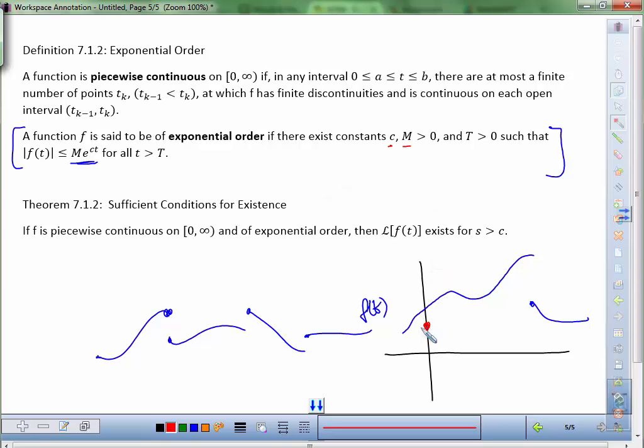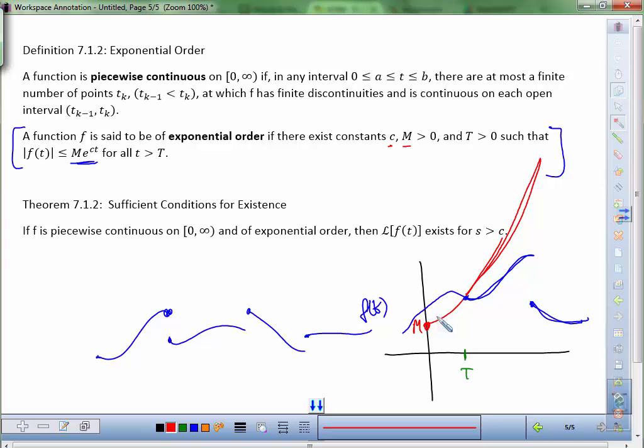So let's say m was here, and c just tells you how steep this is supposed to be. So that after a certain point, capital T, the function that you're dealing with is going to be less than that exponential function. So that's all it's saying.